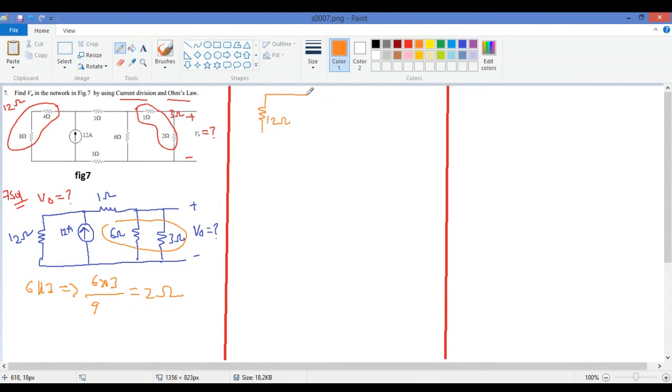12 ohms, 12 ampere, 1 ohm. I get this 2 ohms. I got 2 ohms because I solved it. Okay, I got 2 ohms.